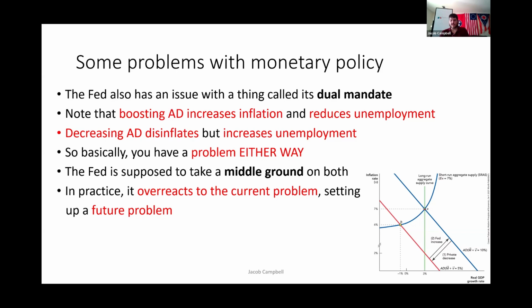When there are recessions, they tend to go overboard and end up causing more inflation. So once again, Keynes wants to smooth out the business cycle. But if the Federal Reserve is overreacting, then they're not really smoothing out the business cycle. They're just shifting the business cycle and making it wilder.